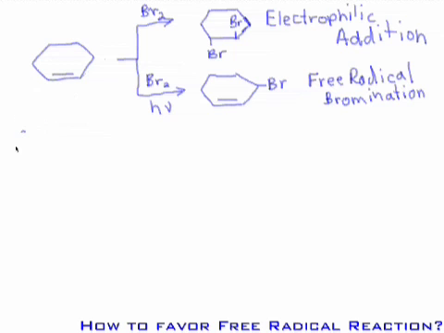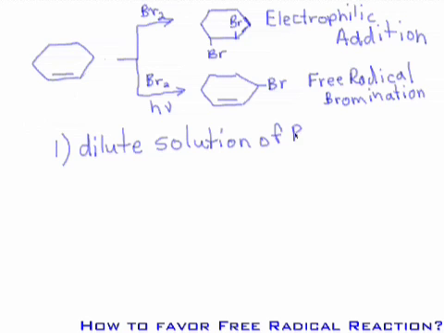Well, we can favor free radical bromination by 1, using dilute solutions. Give the solution time, or the bromine time, to form radicals. Dilute solution of Br2. Okay. So very dilute solution of Br2 or low concentration of halogen.